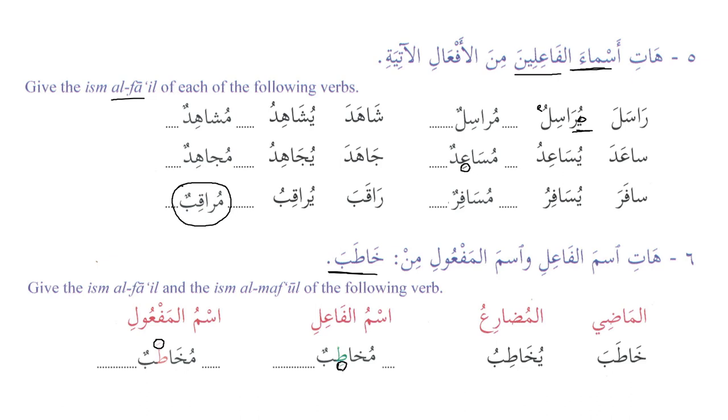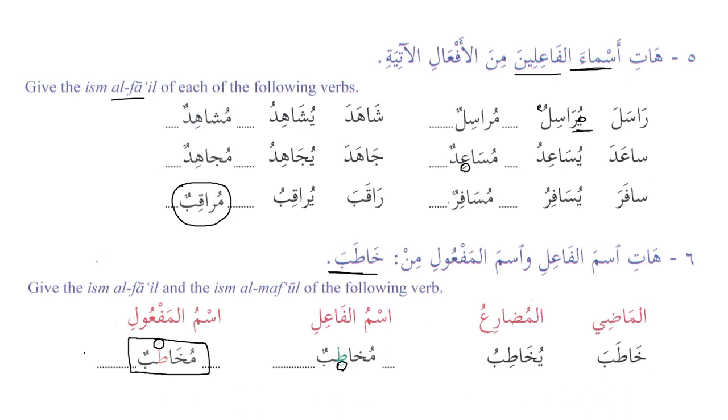What do we call the second person in Arabic? What is the second person called? Mukhatab, yeah. So we have ghaib, which is the third person, then the second person, which is called al mukhatab, and then the first person, which is called al mutakallim. Do you remember these?